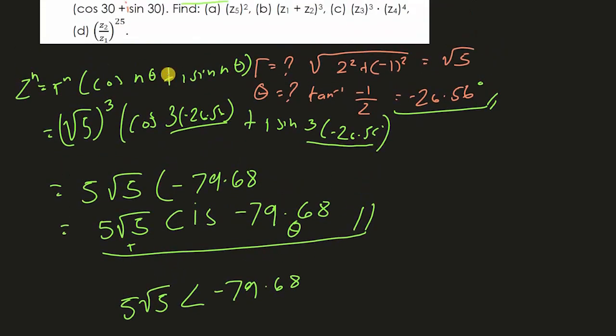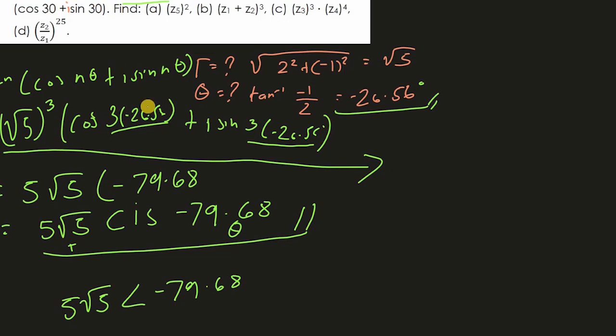Pero kung gusto nyo guys, kung gusto nyo na makuha yung value niya in rectangular form, you can execute this. Punta tayo dito, executing that would be 5 square root of 5. I-solve na natin ano yung value ng cosine negative 79.68.